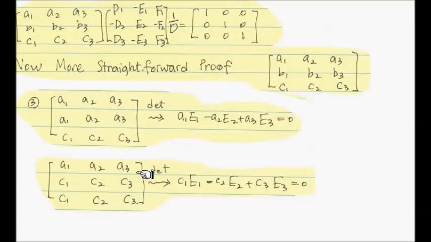But it changed the sign as we swapped these two, but it turned out it's a 0 because rows repeated. So that also makes this 0. Sorry about the mistake. The C1, C2, C3 goes to the top row, and A1, A2, A3 is supposed to go to the second row. All right?